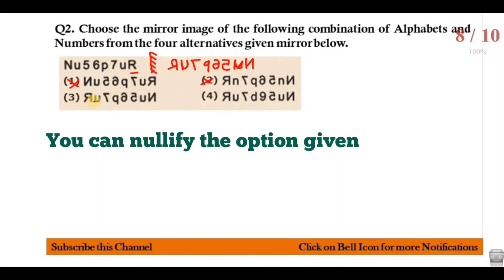Then the third option: R, U, 7, Q, 6, 5, U and N, so this is correct. Here you can see the mirror image of P is showing D, so that one is wrong. So the third option is correct based on the lateral inversion principle.